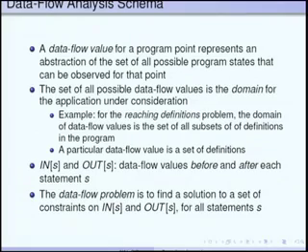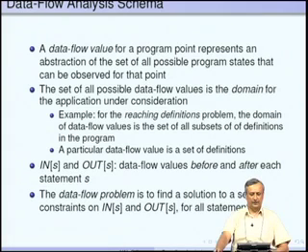So, briefly reviewing what we did in the last two lectures, a data flow value for a program point represents an abstraction of the set of all program states that can be observed for that point. And then we studied the reaching definitions and available expressions problems in the previous lectures.